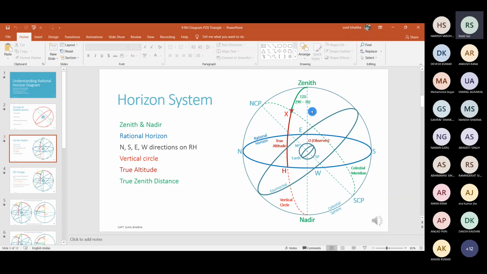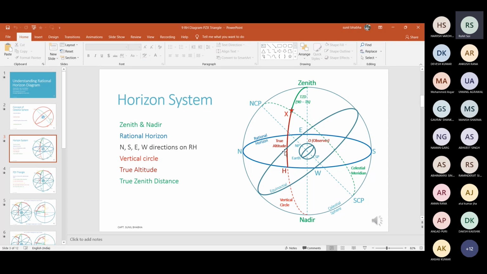Then we discussed the concept of a vertical circle, the semi-great circles contained between the zenith and the nadir of the observer. And on this vertical circle, we had a celestial body. We found out the true altitude of the celestial body, represented by HX, the maroon color arc here.